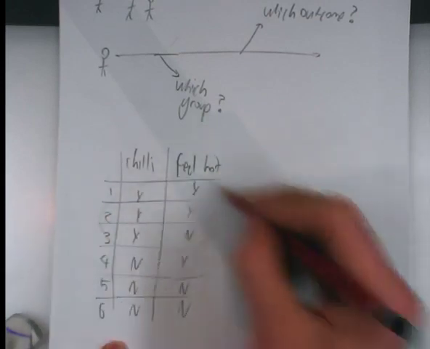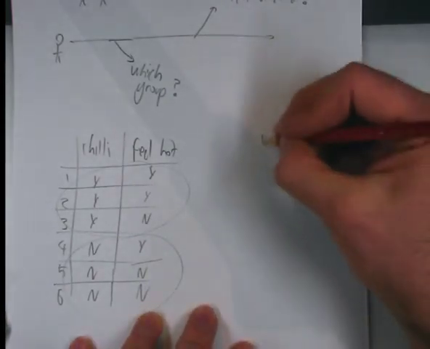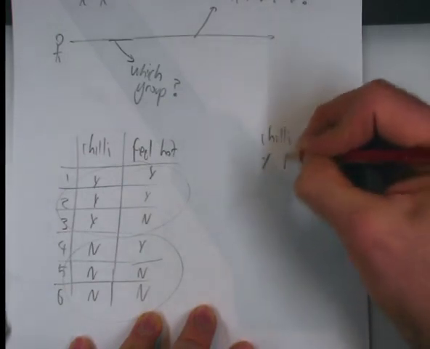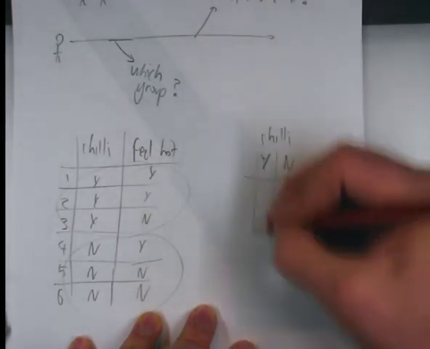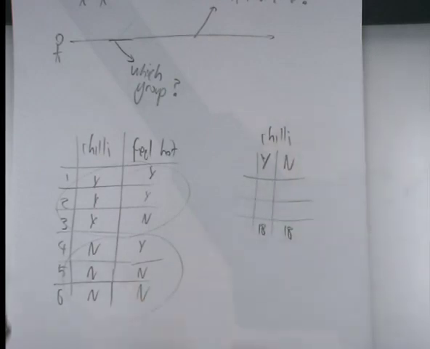And so you'll take these and you'll figure out some percentages. Actually, you won't do that at all, but that's what you're aiming for. You'll just take a category and you'll say, all right, based on chili, yes or no, there's maybe a total of 18 people with yes and 18 people with no. You set that up to begin with.